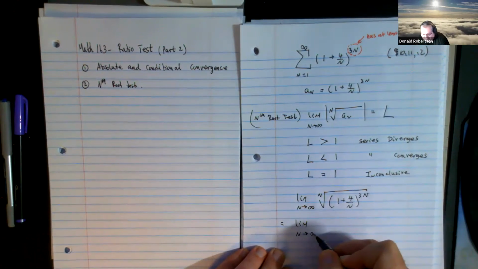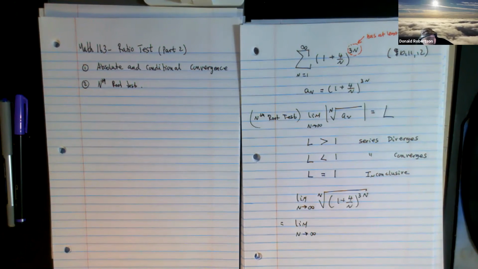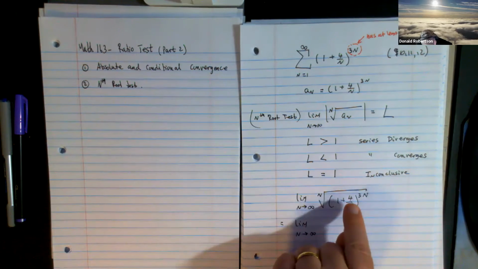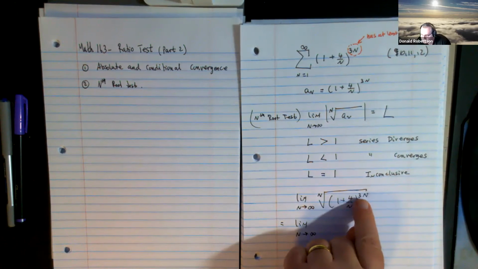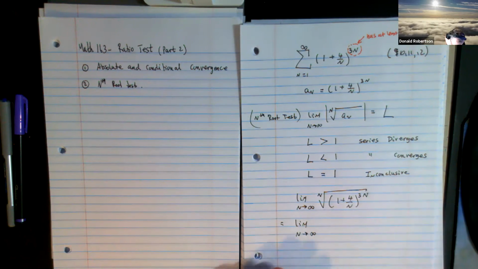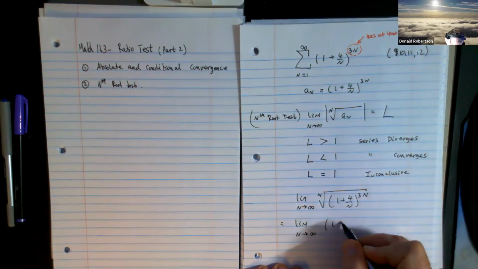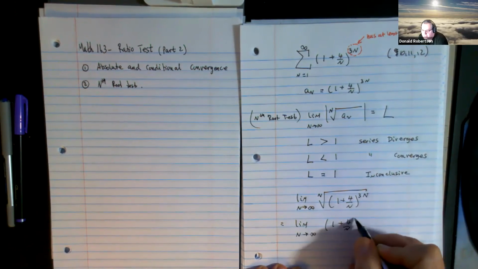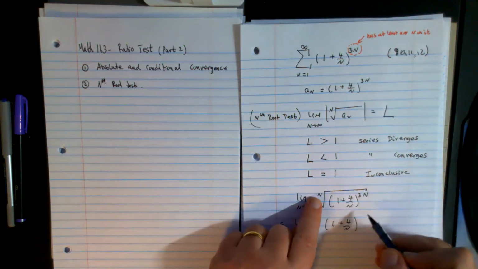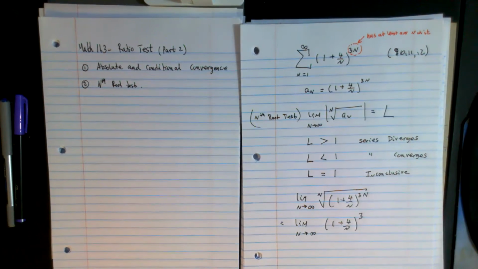Now we need to do some algebra here. What do you think the nth root of something raised to the power of 3n does? How do you think those two things interact with each other? In particular, what power of that do we end up with? Cubed. Agreed?